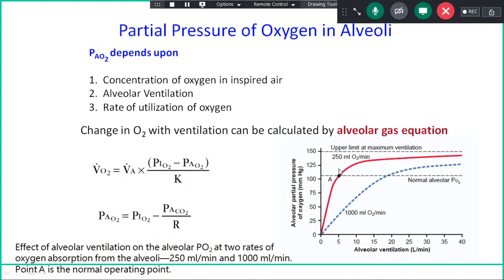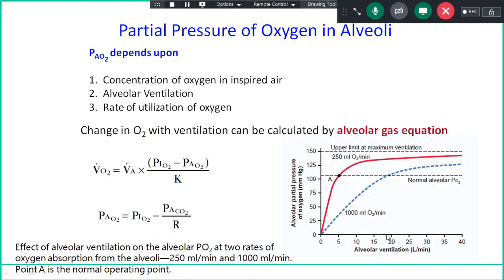Whereas if the intake is changed to 800, or here it is written 1000, so if instead of 250 ml per minute, the uptake of oxygen, as in exercise or some other reason, is increased to 1000 ml of oxygen per minute, then to maintain the same level of the alveolar PO2, which is 104, the alveolar ventilation needs to be increased.